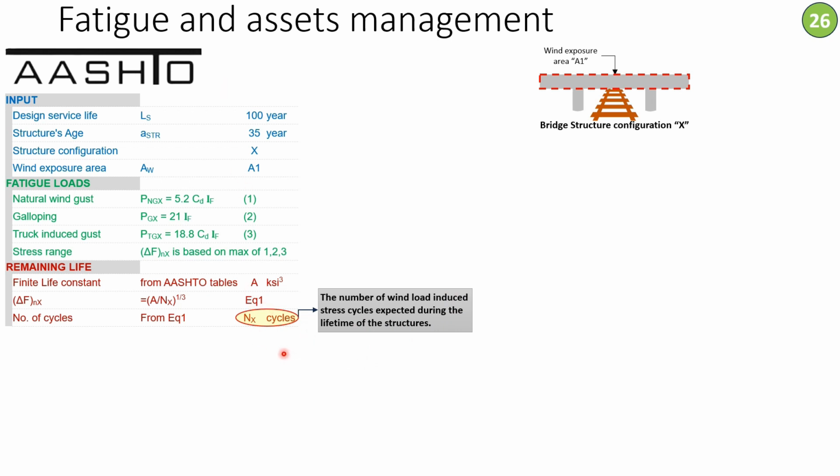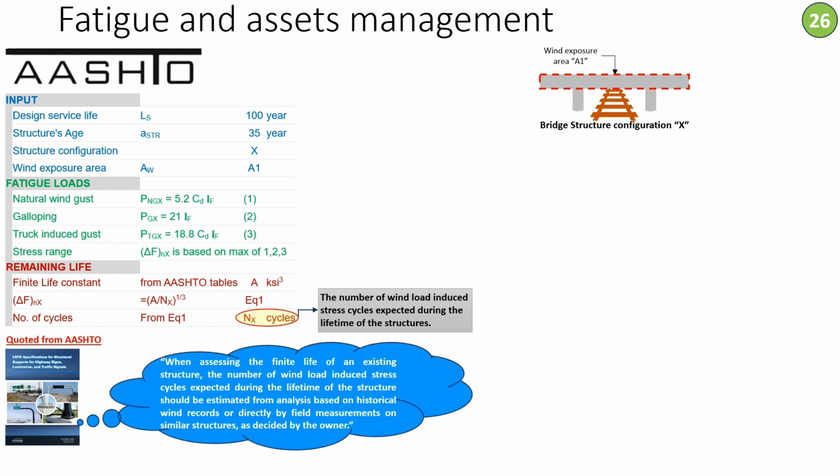It's easier than the Miner's rule, but the tricky bit comes here. H2 says that when assessing the finite life of an existing structure, the number of wind load induced stress cycles expected during the lifetime of the structure should be estimated. That's the point. So the number of cycles that you obtained here should be estimated from analysis based on historical wind records or directly by field measurements on similar structures as decided by the owner.